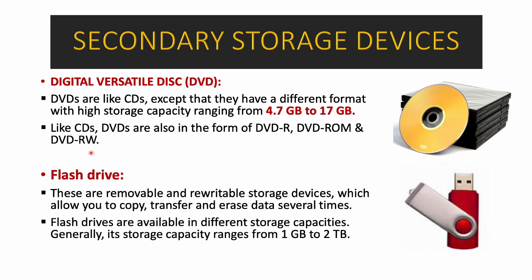But it has a high storage capacity, ranging from 4.7 gigabytes to 17 gigabytes. The fourth type is the flash drive. It is a commonly used flash drive which you can put in your pocket. These are removable and rewritable storage devices, which allow you to copy, transfer, and erase data several times. Its capacity ranges from 1 gigabyte to 2 terabytes.